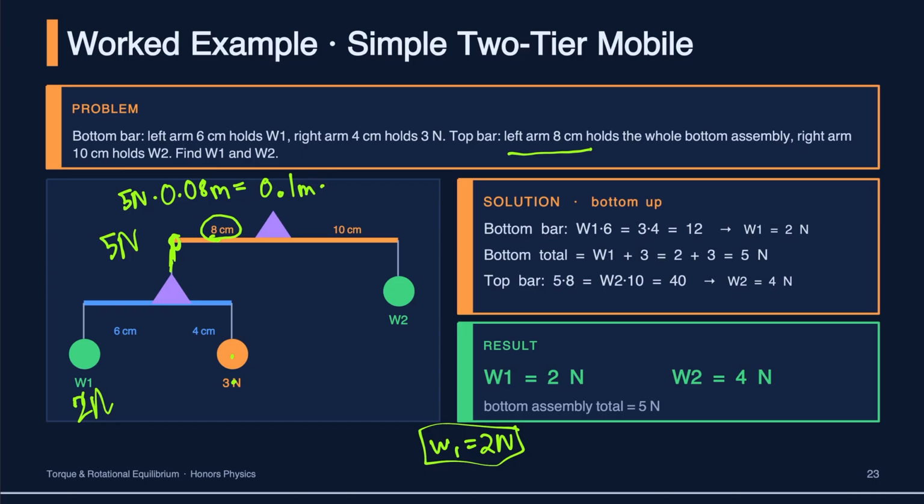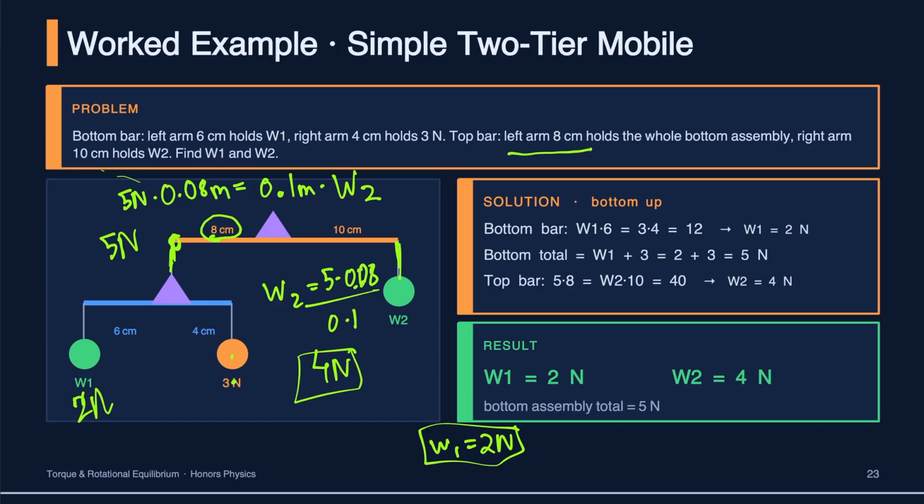Times W2. So W2 is just going to be 5 times 0.08 divided by 0.1. Or, in other words, this should give me exactly 4 newtons. So that's how you solve mobile machines, okay?